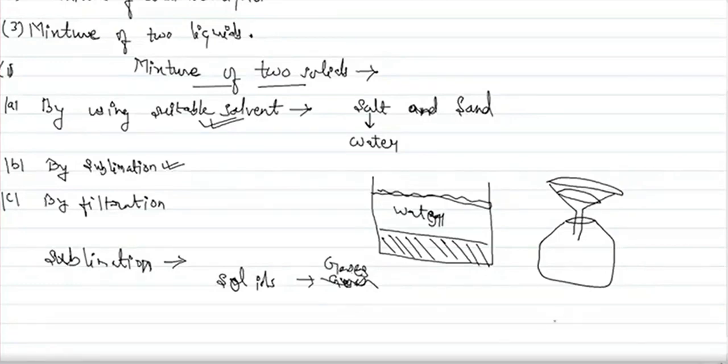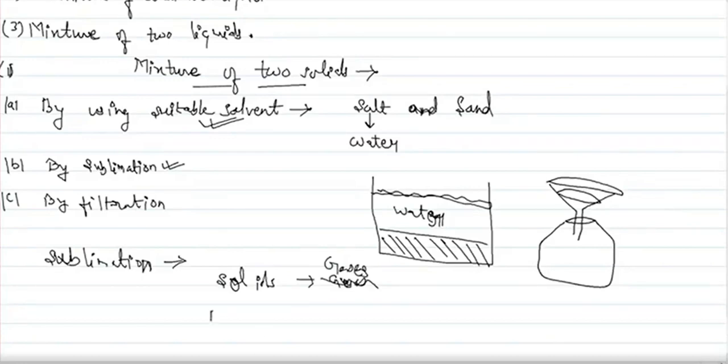So here we will take an example. Here I am taking salt, iron flakes or chalks, like this I have taken here. Using the sublimation process we can separate two solids, such as ammonium chloride.